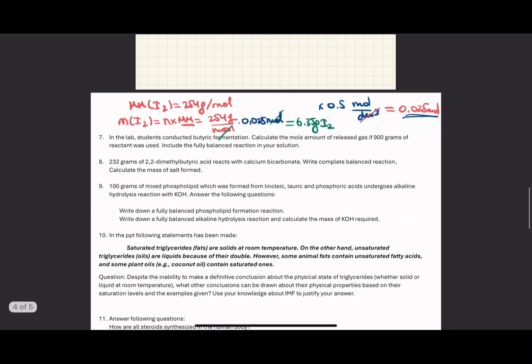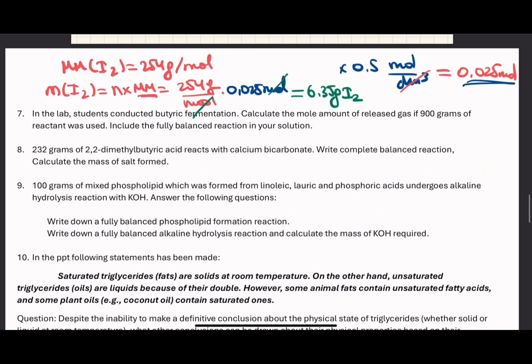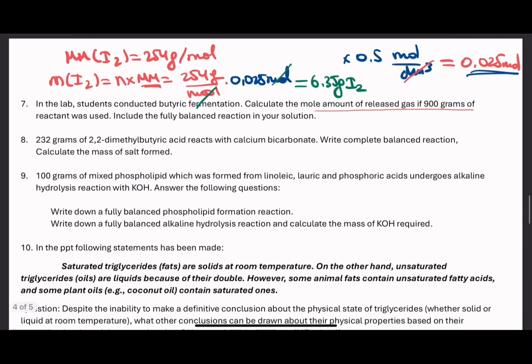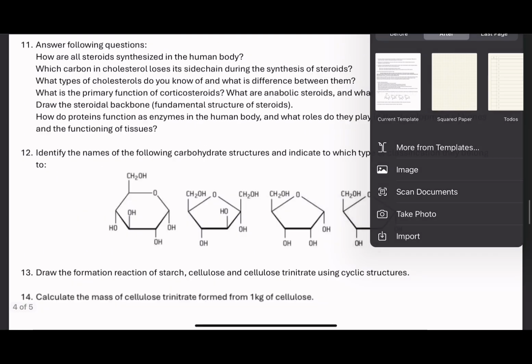Now the next question we have in here is question 7. It says, in the lab, a student conducted butyric fermentation. Calculate the mole amount of released gas if 900 grams of reactant was used. Include the fully balanced reaction in your calculation. Now this one I will write at the bottom.